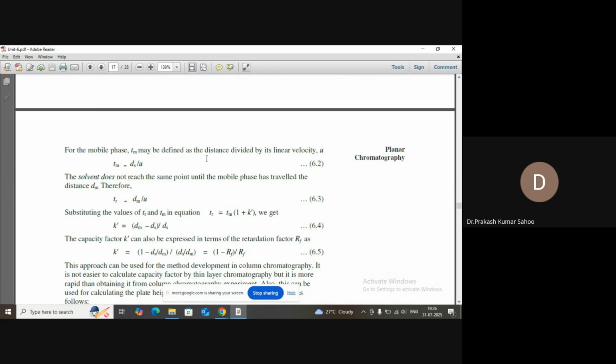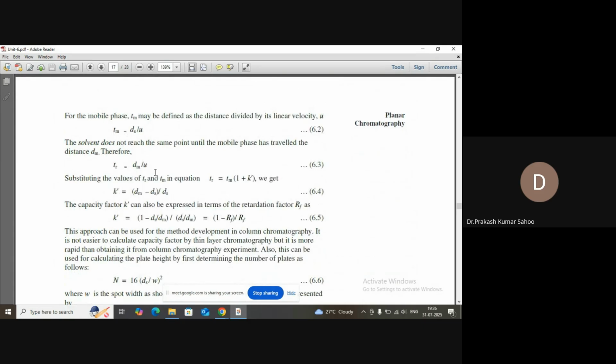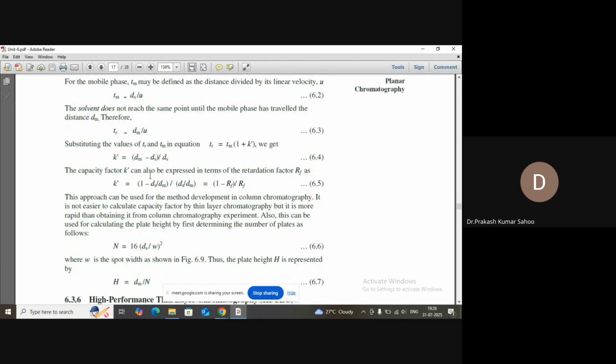The tm is defined as the distance traveled by the linear velocity, and tr is the time the solvent needs to reach the same point until the mobile phase has traveled the distance dm. So this is tr equal to this, and when you solve the equations one by one, finally it will be k dash equal to (1 minus Rf) by Rf, where Rf is the retardation or retention factor.